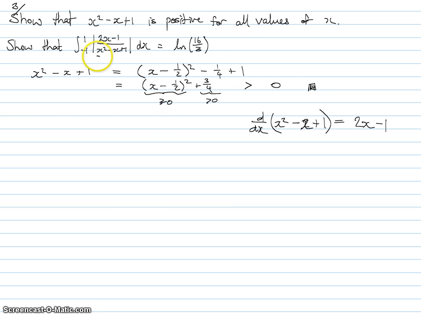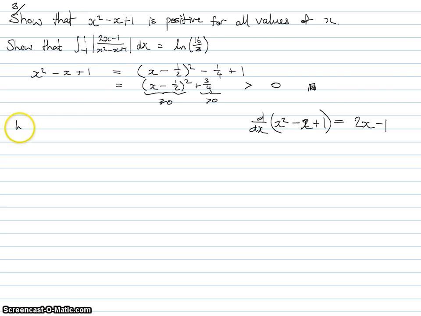We know that the expression inside the modulus is positive whenever the top line is positive and negative whenever the top line is negative. How do I know this? Because the bottom line is always positive, so it doesn't affect the sign. Only the top line can affect the sign.